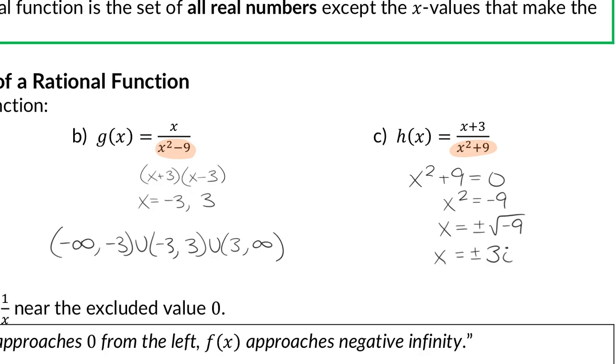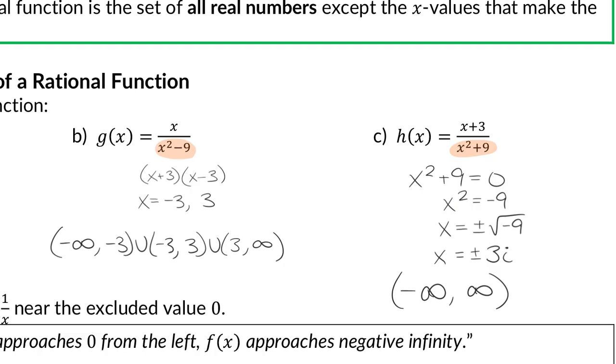So if we were thinking about a real number line, because rational functions are graphed on a real number line, does an imaginary number appear on a real number line? No. So this rational function, because its only restrictions would be an imaginary number, which is not a part of a real number line, actually has a domain of all real numbers.